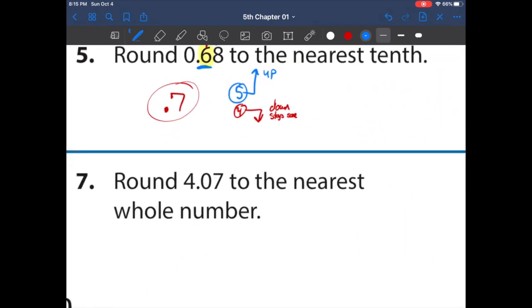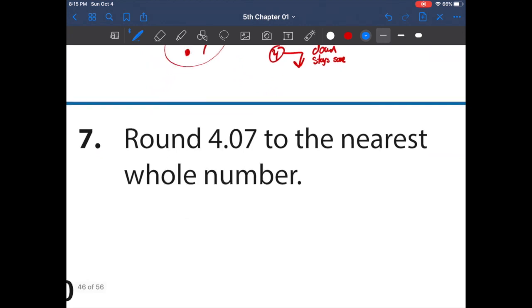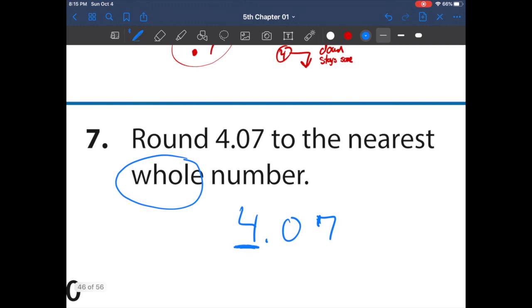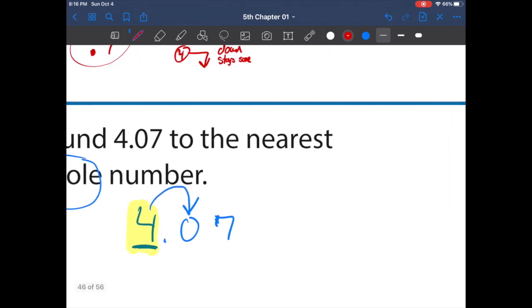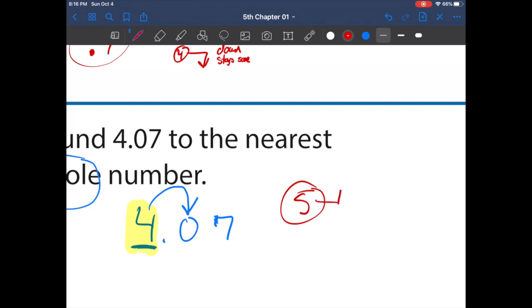All right, let's do some more practice. It says round 4.07 to the nearest whole number. So we have 4.07. Which one is the whole number? Well, it's this one right here. And what were the rules again? We want to look to the number to the right. All right, and now here's the question. We said if it was 5 and bigger, it goes up.